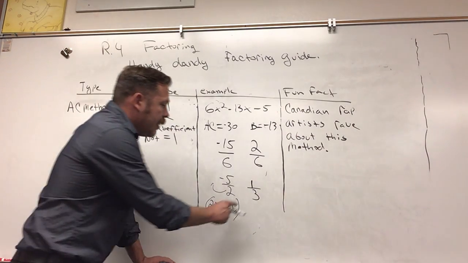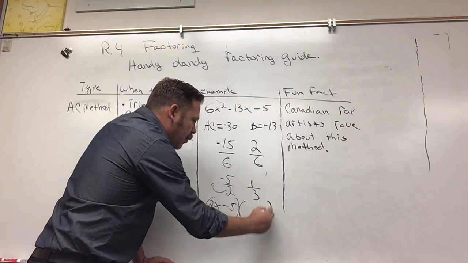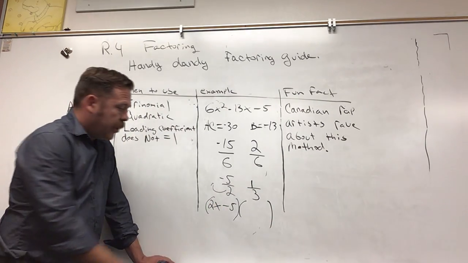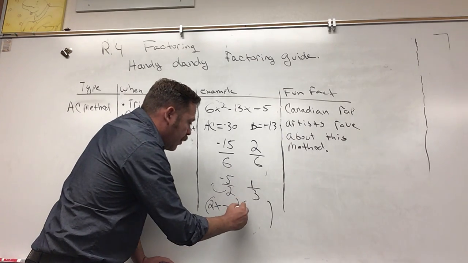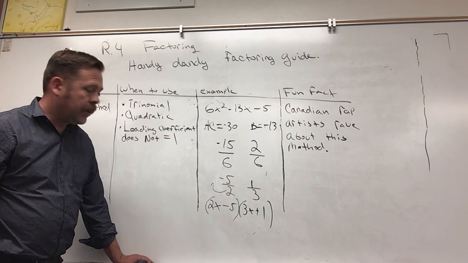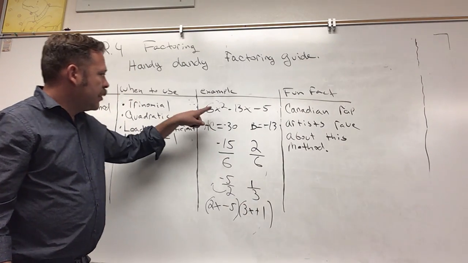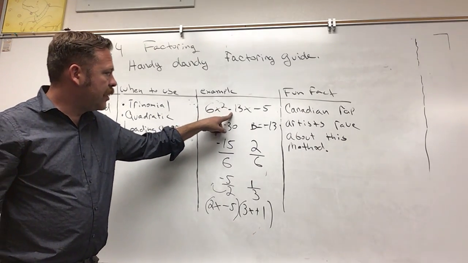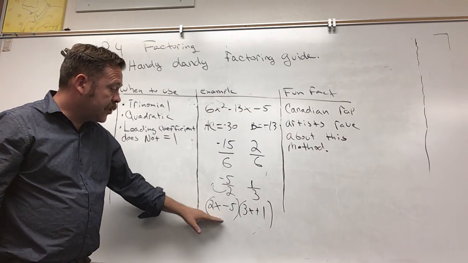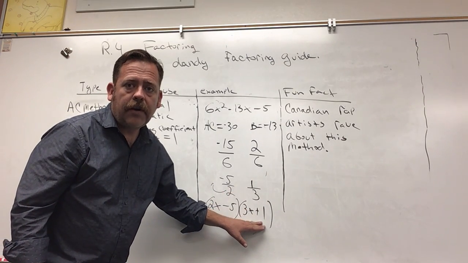Then this 1/3, we're going to do the same thing. Where does the bottom number go in the binomial? It goes to the front, so we get 3x plus 1, and there we have it. We have our two factored binomials. So 6x squared minus 13x minus 5 factors to 2x minus 5 times 3x plus 1, okay?